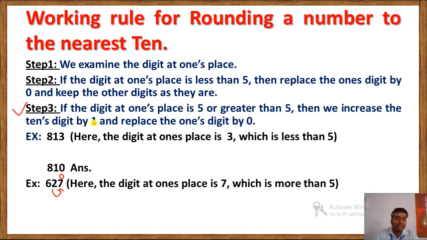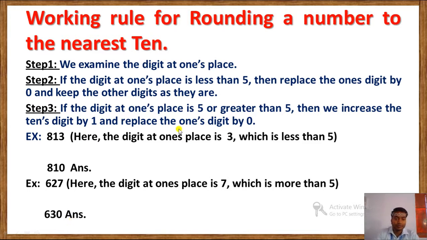Here the tens digit is 2, so we increase it by 1 and get 3. Then we replace the ones digit by 0, and the rest stays as it is: 630. This is the round off of 627.